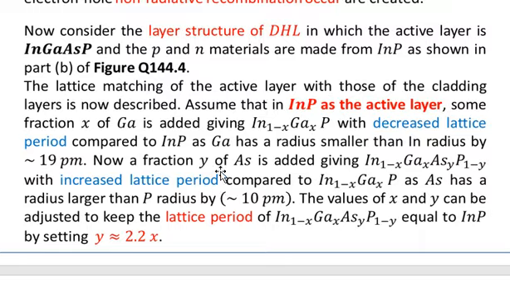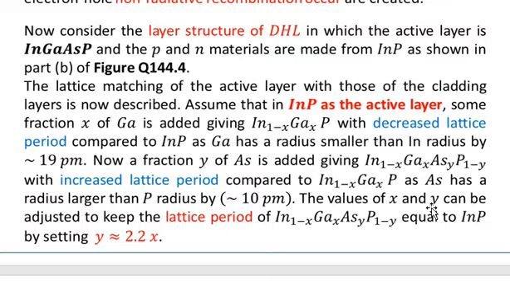So you see that a Y fraction of arsenide is added, which will finally give you indium 1 minus x gallium x arsenide Y, and phosphate with 1 minus Y concentration, with increased lattice period compared to indium 1 minus x gallium x phosphate, as arsenide has a radius larger than phosphorus radius by about 10 picometer.